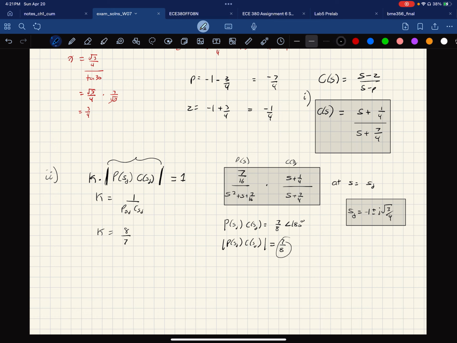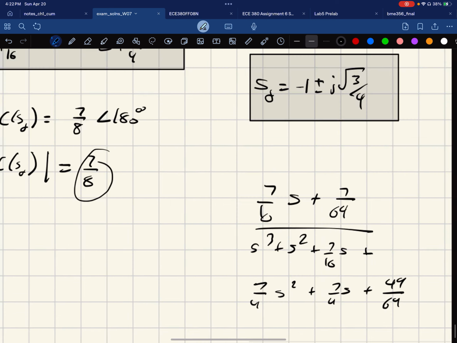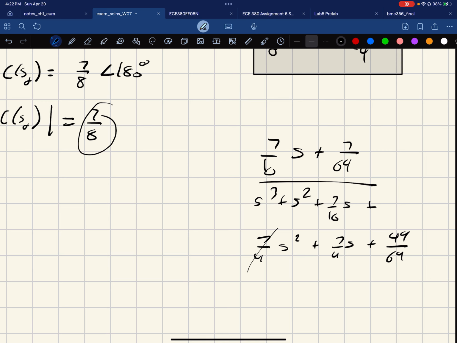I guess if you wanted to show your work, you could do 7 over 16 s plus 7 over 64, over s cubed plus s squared plus 7 over 16 s plus 7 over 4 s squared plus 7 over 4 s plus 49 over 64, and collect the terms such that 4 and 7 is 11, so you get 11 over 4 s squared, and 7 over 16 plus 49 over 16 is 56 over 16 s, plus 49 over 64.